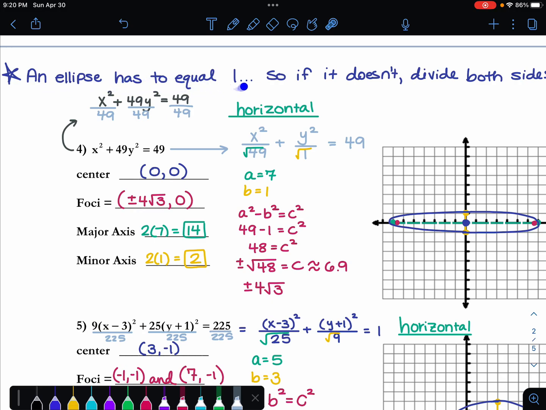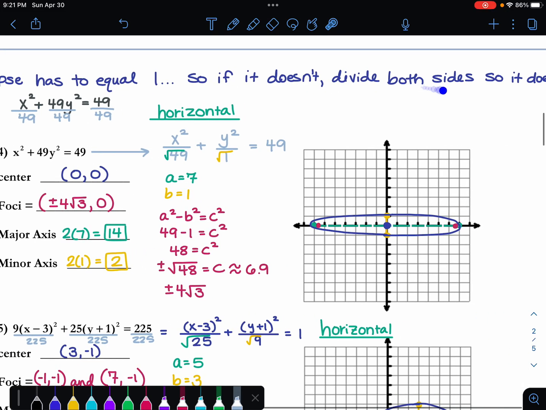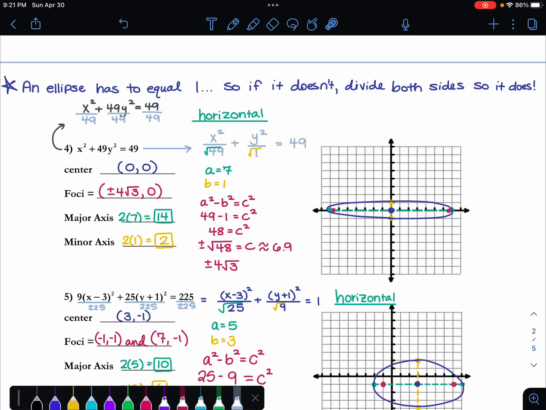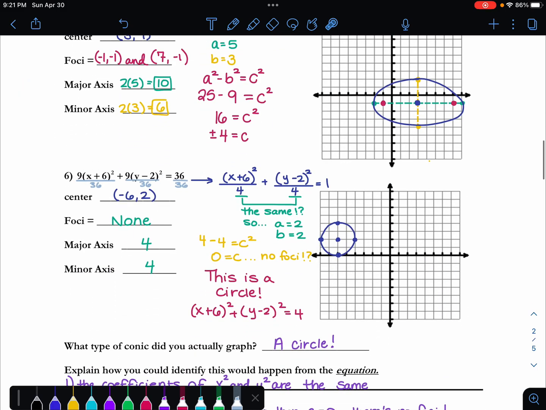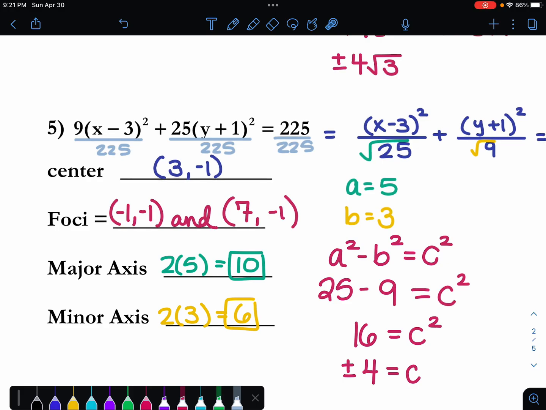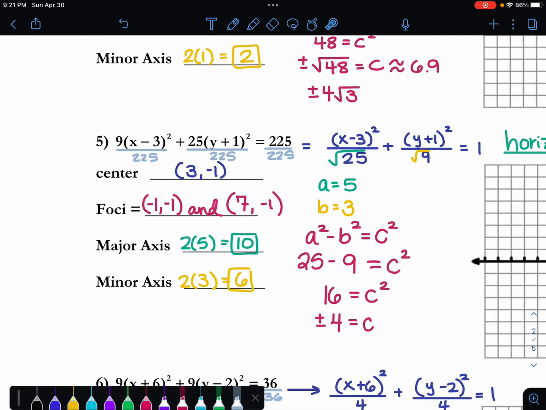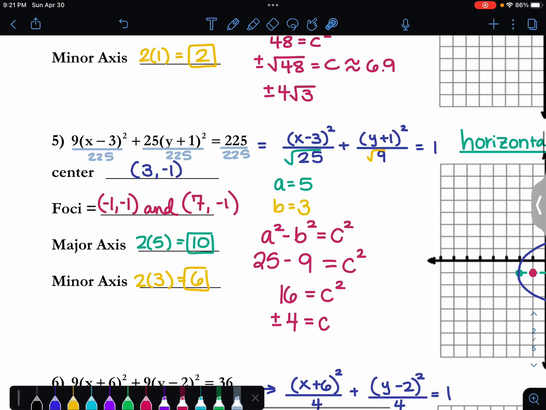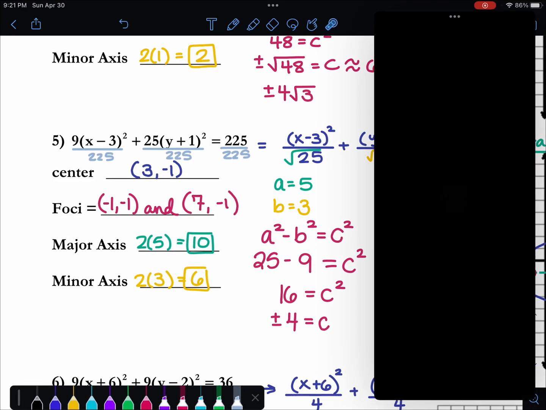Standard form for an ellipse means it has to equal 1. So if it doesn't, make sure you divide every single term on both sides so it does. So if we look at this example here, number 5, this 225 is what we have to divide every single term by in order to get it in standard form. When we divide by 225, 9 divided by 225, you can use your calculator to help you with this.